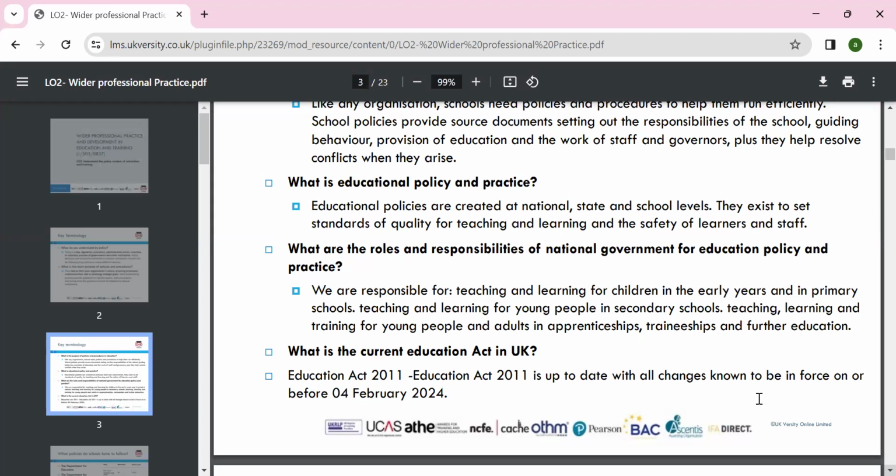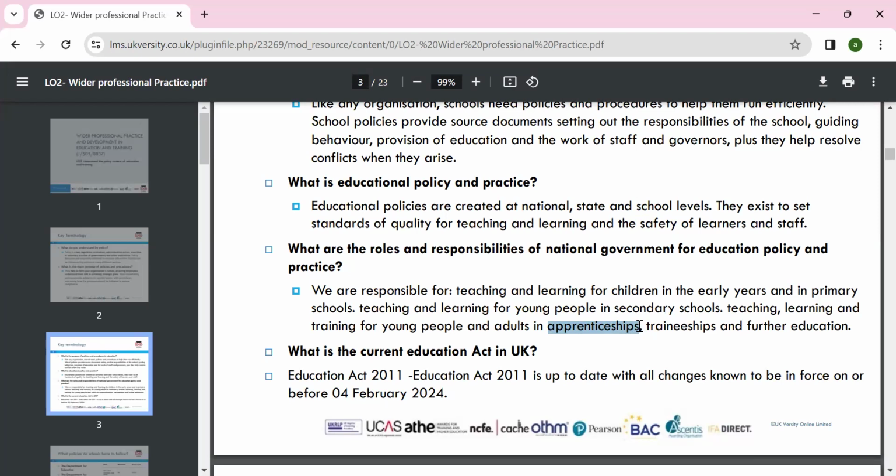We are responsible for teaching and learning for children in early years, primary school teaching, as well as learning in secondary, higher FE and HE. Apprenticeships, of course, have their own policies. If you're an apprentice, the rules include giving 30% of the time to on-the-job training, recording knowledge, skills and behaviors.